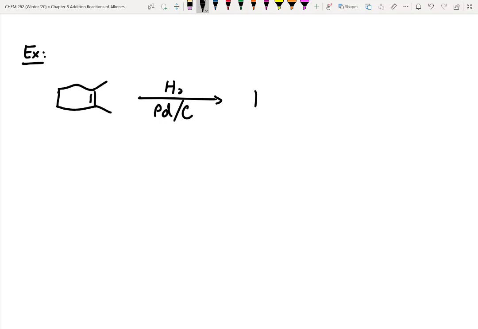Right, the easy answer is we're just going to get rid of the double bond. And so what I see a lot of students do is they say, well, isn't this good enough? What do you think? What's the problem with showing it this way?